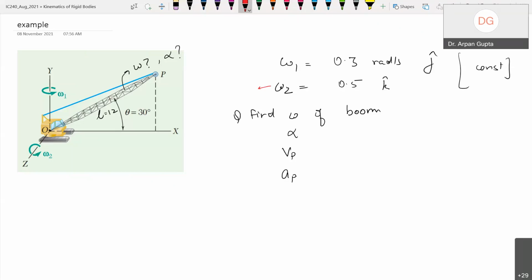So I can say that this boom has angular velocity omega 1 and also an angular velocity omega 2. Therefore, omega of the boom is equal to omega 1 plus omega 2 vectorially. And this gives the angular velocity of the boom.